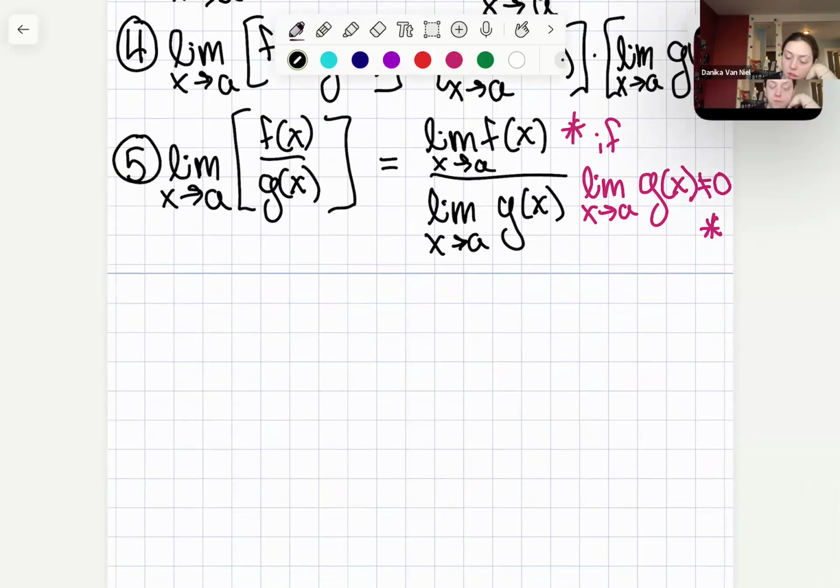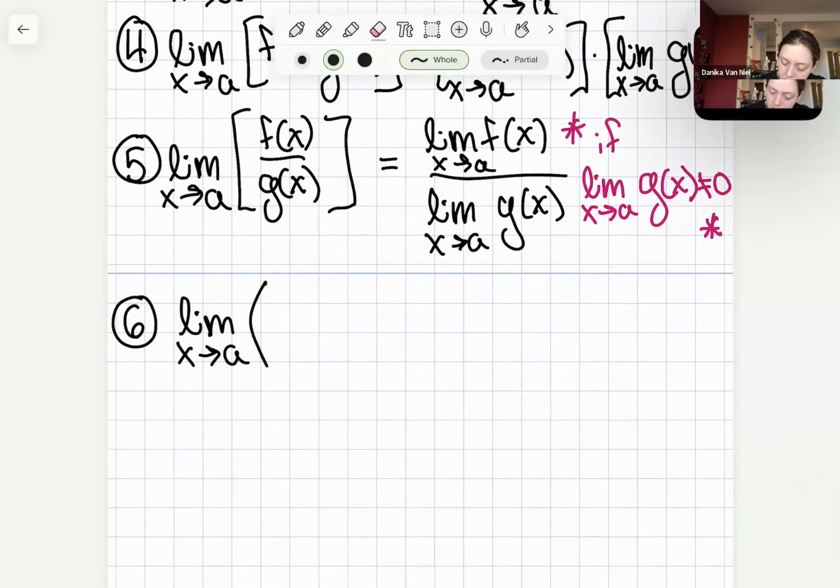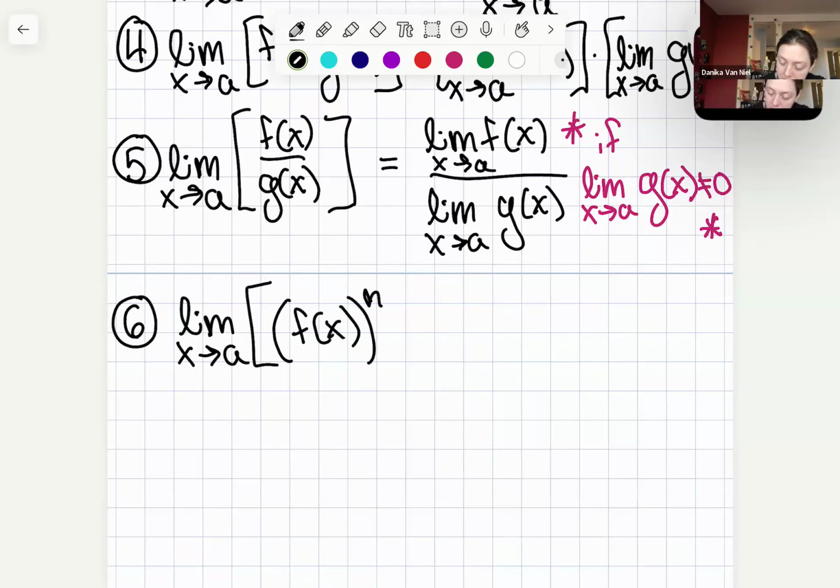Okay, so next is a power rule. Well, one of the power rules. We're going to learn 2 today. So if I have f of x to the nth power, and maybe I know what the limit of f of x is, but once I raise it to the nth power, n being some positive integer, maybe then I'm like, I don't know.